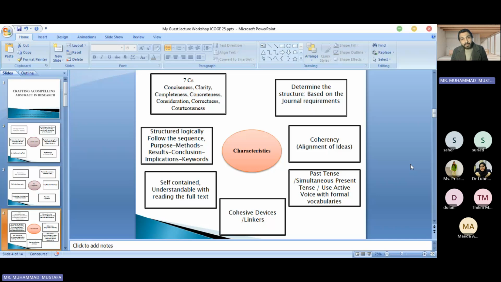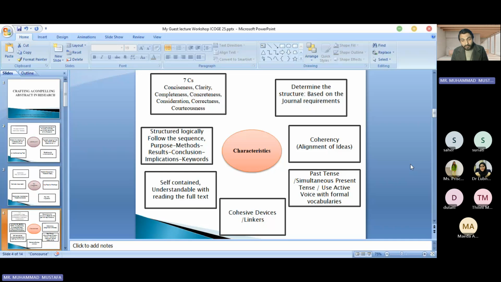If your research was qualitative, you have used a specific type of software like NVivo or Atlas.ti.